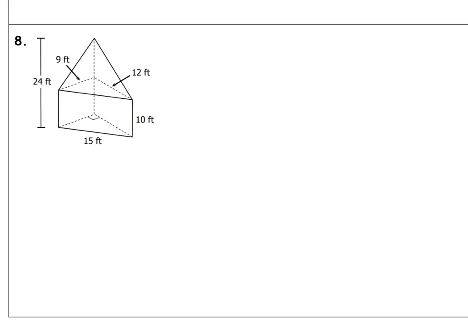All right, last problem. The first thing I would ask you is what two shapes do you see? Hopefully you see a prism and a pyramid, and they both have a triangle base. Let's look at the prism first. The prism's formula is area of the base times the height. This is a triangle base, and I know that this 12 goes down here and this 9 goes down here. So the triangle base looks a little something like this.